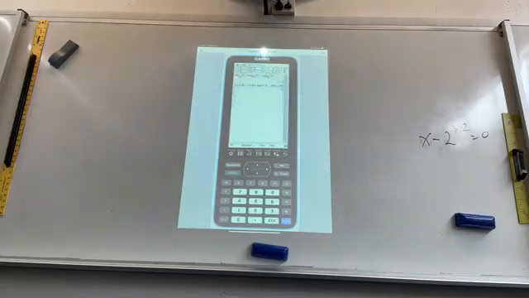One of the things you can do is use the solve keyboard. Solve x minus 2 to the power of 3.2 equals 0. Then you can work out what your x is. Pretty straightforward. All happy with that?